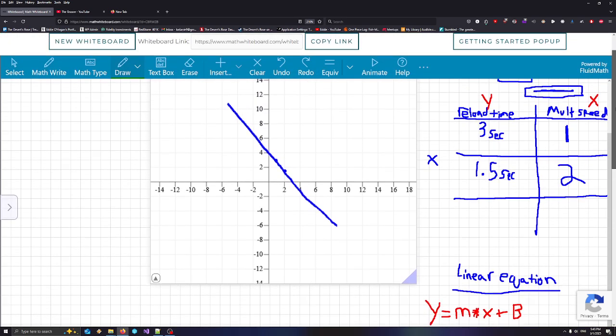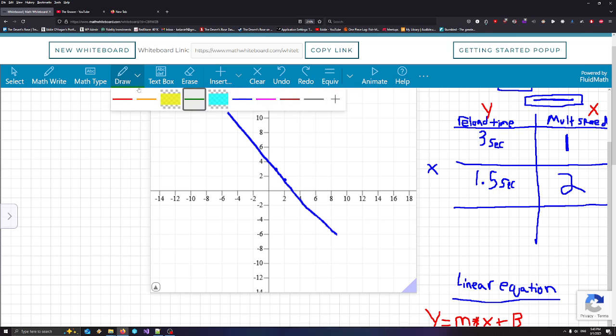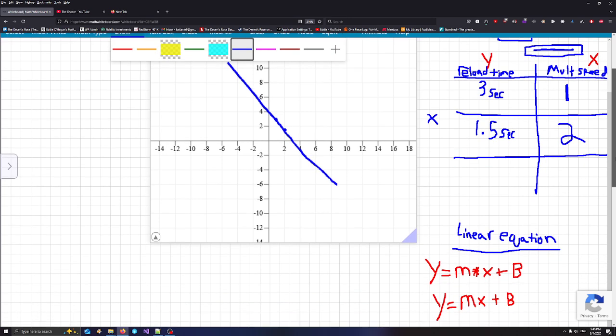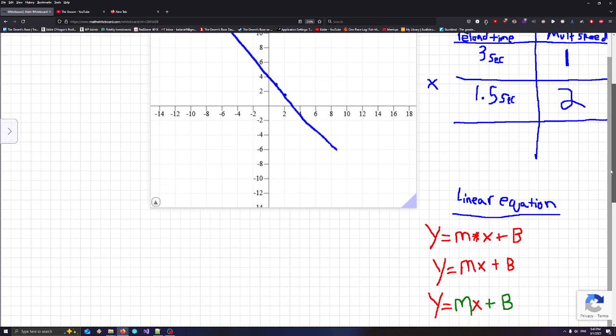So let's rewrite our equation to not be so mathy for a bit. Go back to our blue real quick. So what do we actually have here?